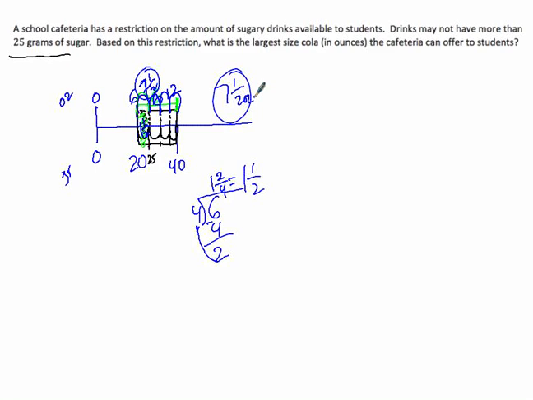If you made this with a table, we would have our ounces, grams, 6 to 20 ratio. We would want to get up to 25. Well, that's kind of tricky to go from 20 to 25.